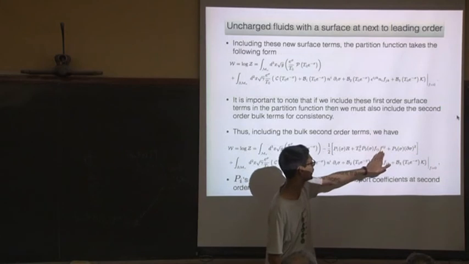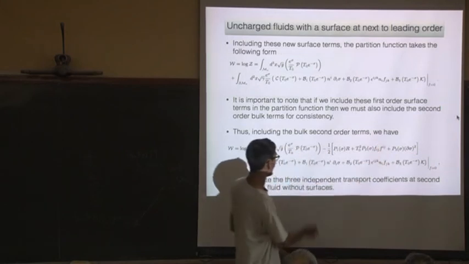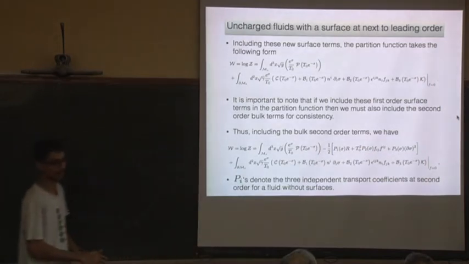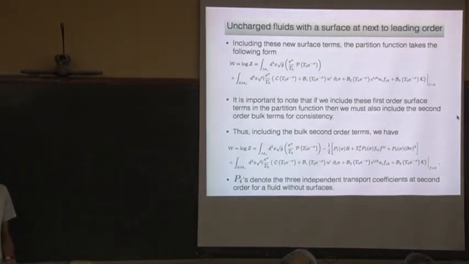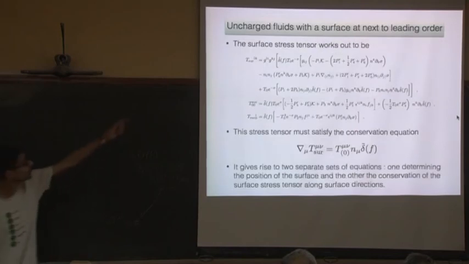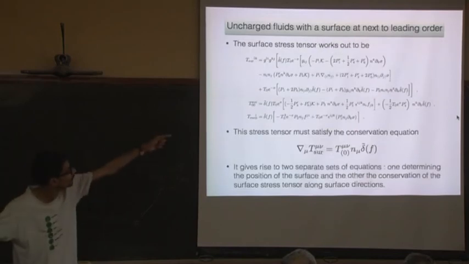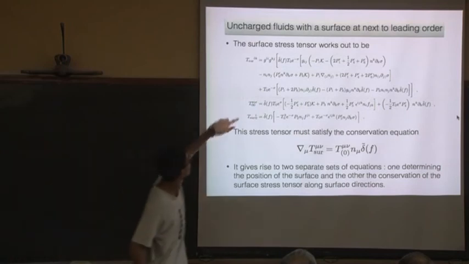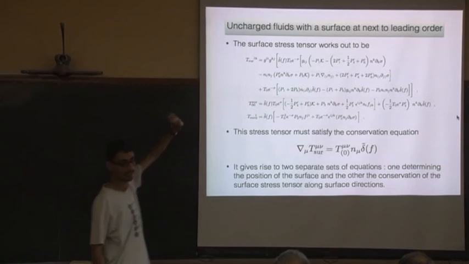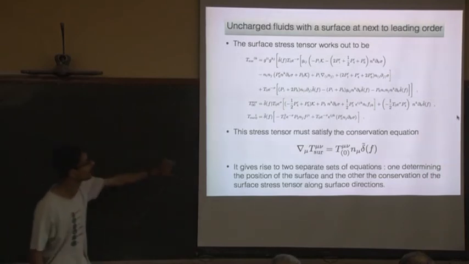These are the bulk second order transport coefficients, and these are the surface transport coefficients which we expect to be coming new. The stress tensor which follows from the partition function is like that, and I'm writing just the surface part because the bulk part will be what was done for the bulk stress tensor at second order.